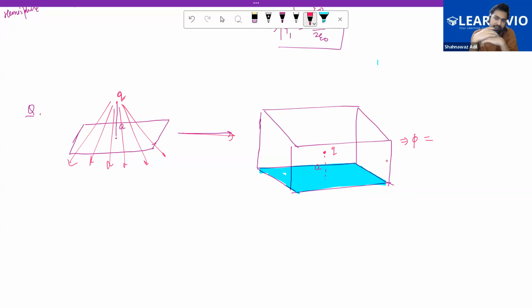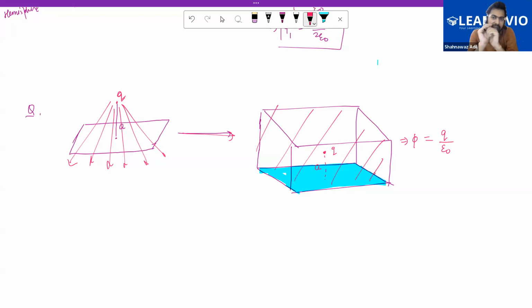So the flux is simply Q by epsilon naught, because this whole thing is a closed surface.